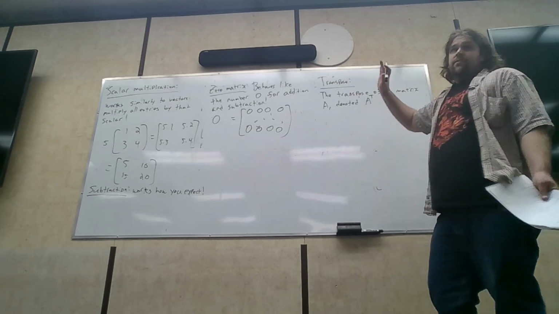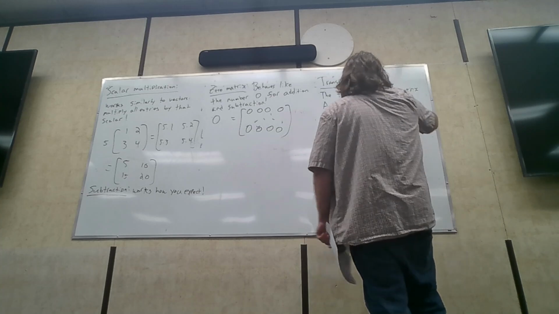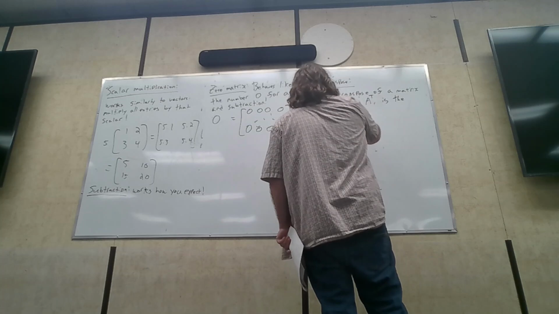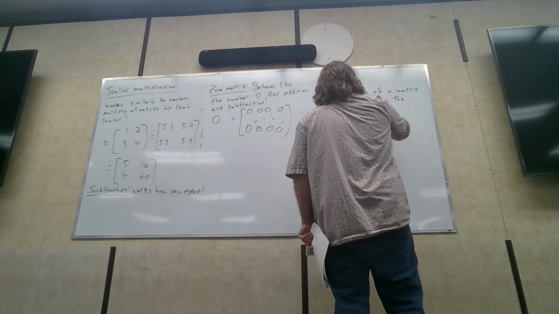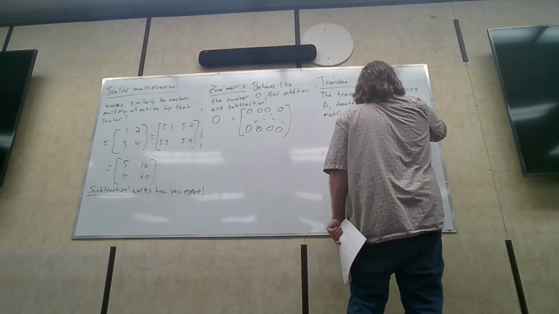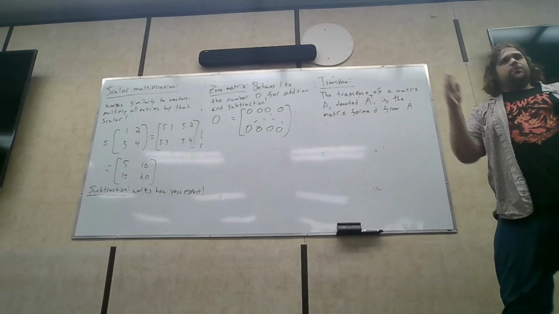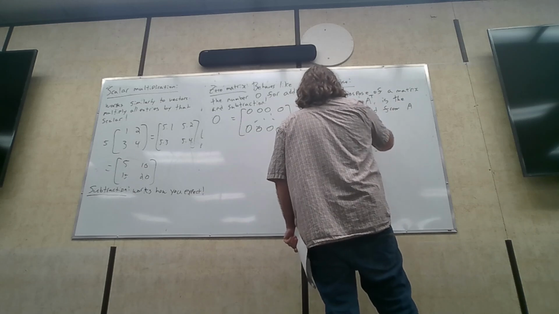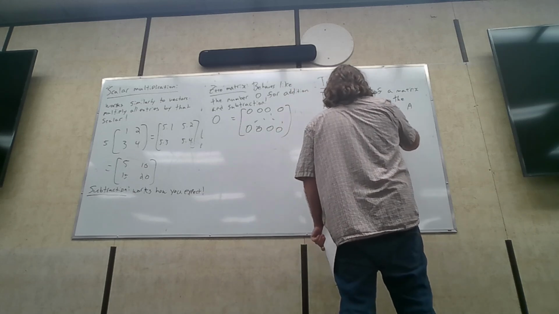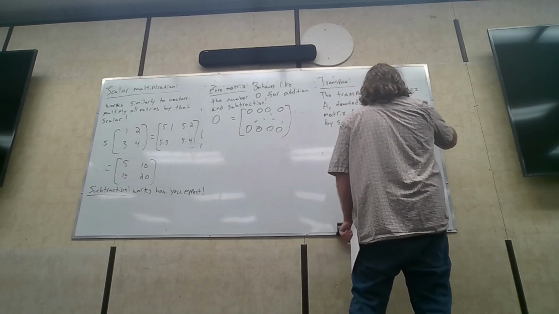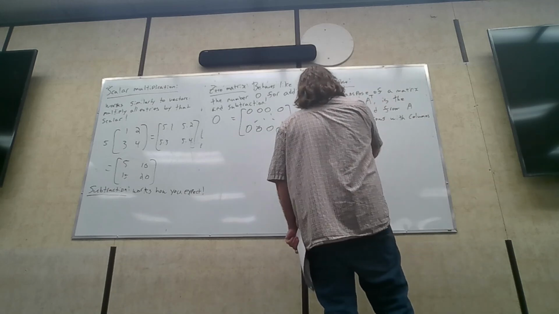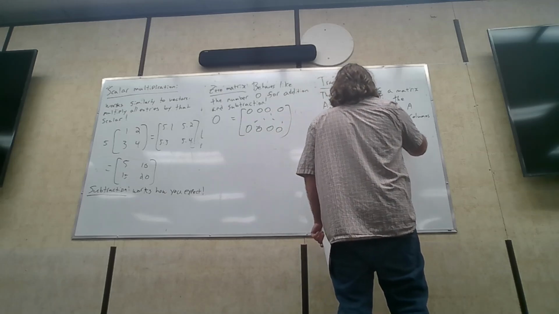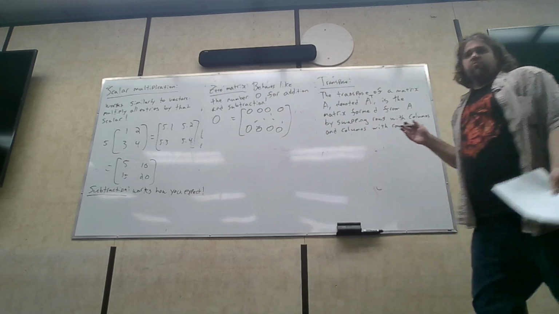It's unlikely that you would get that mixed up, but it is the matrix formed from A by swapping rows with columns and columns with rows. Swapping rows with columns and columns with rows. So yeah, that's relatively straightforward.